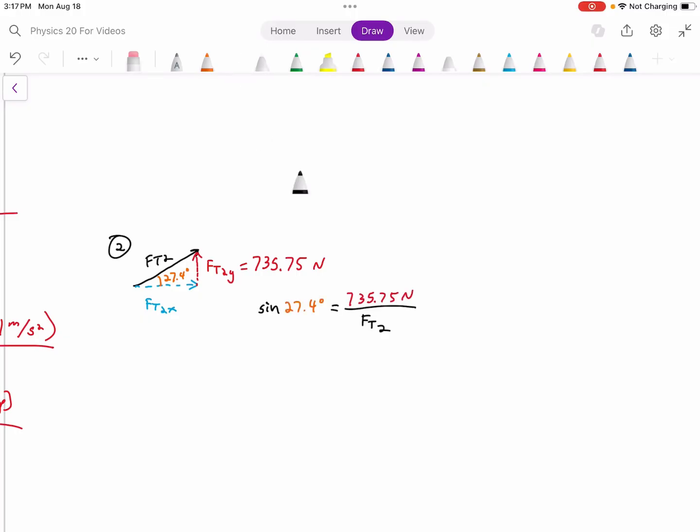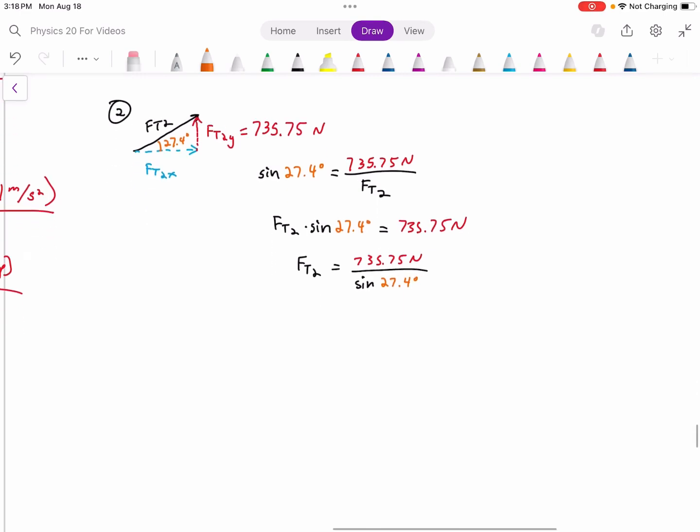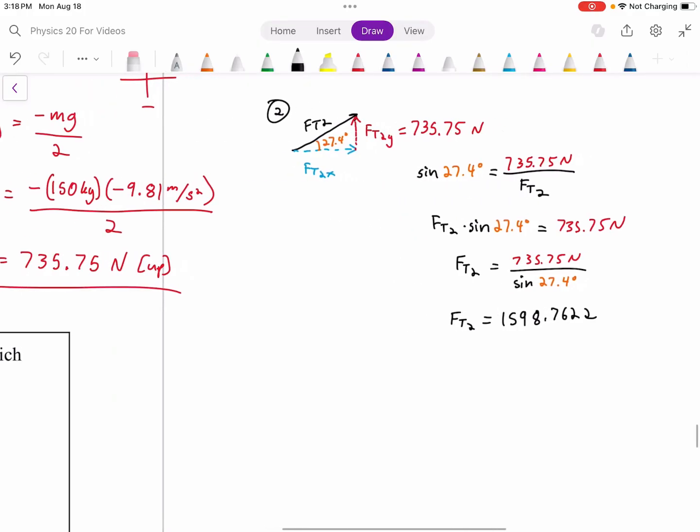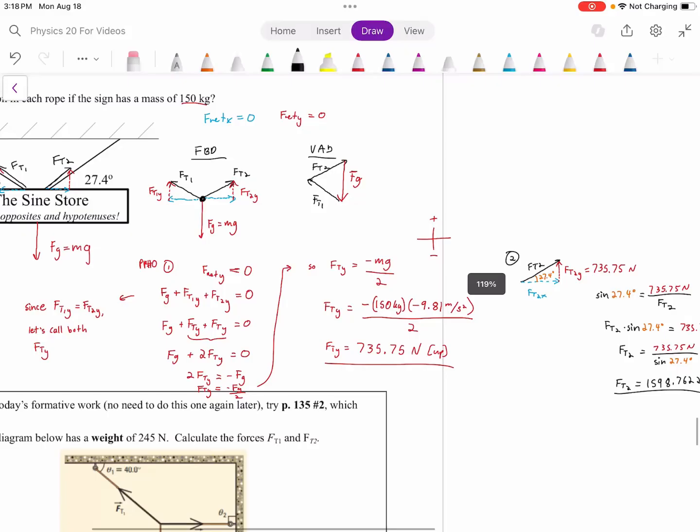So let's rearrange this for Ft2. It's in the denominator. So if we multiply both sides by force of tension 2, and then divide both sides by sine of 27.4, we can solve for the force of tension being 1,598.7622 newtons.